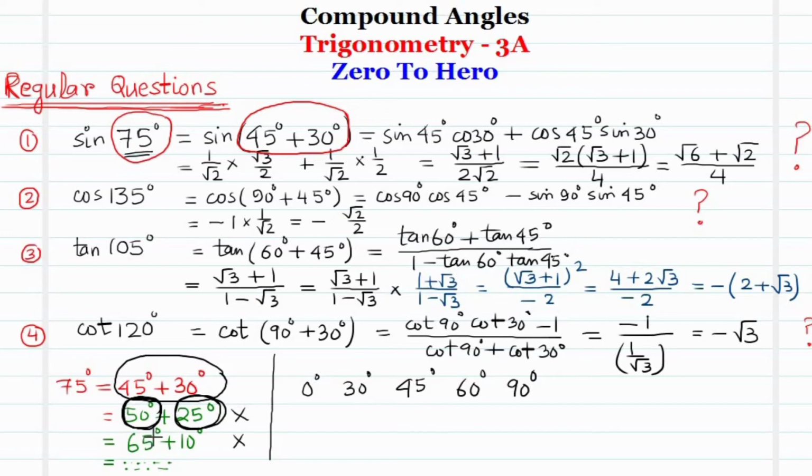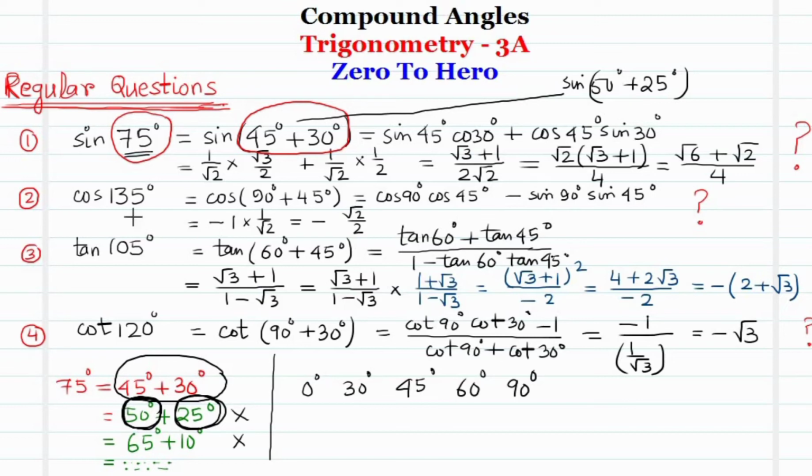But what is the formula for sine of a plus b? If I take 50 degree plus 25 degree with a sine before it, then sine 50 cos 25 plus cos 50 sine 25. How do I write the answer? It is not possible. So that's why, if you want to ask me why the 45 and 30 degree combination, here is the answer.